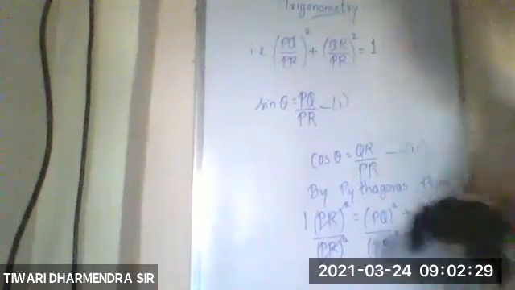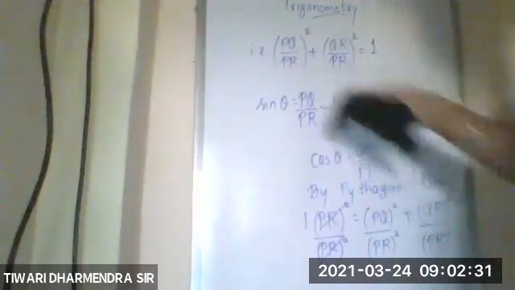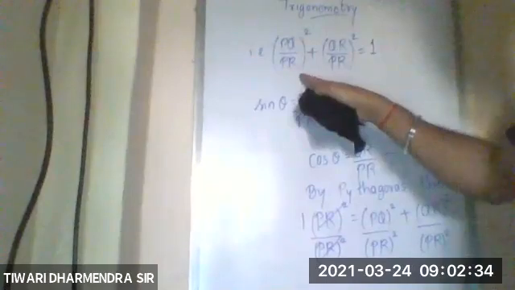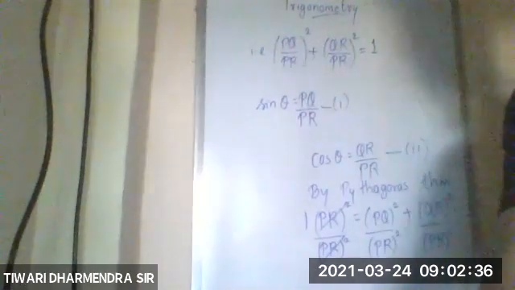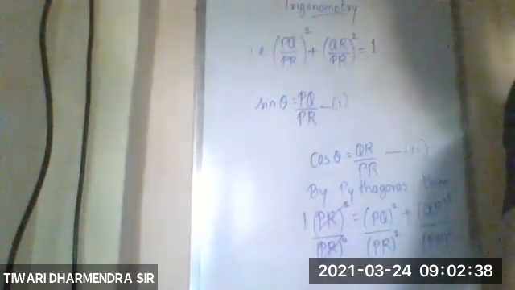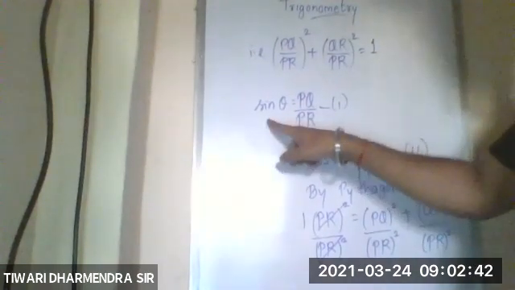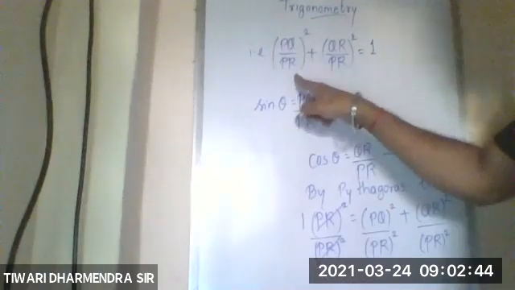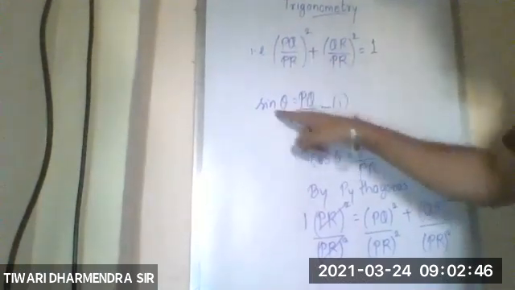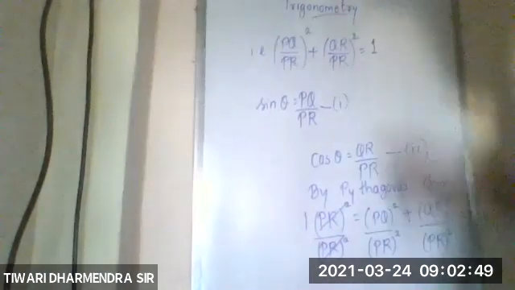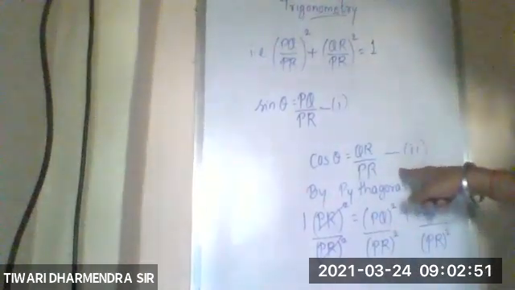Now, how can we use equations 1 and 2? Can we see equation 1 here? PQ by PR, what is the value? Sine theta. So I can replace this PQ by PR by sine theta. And QR by PR, I can see here from equation 2.